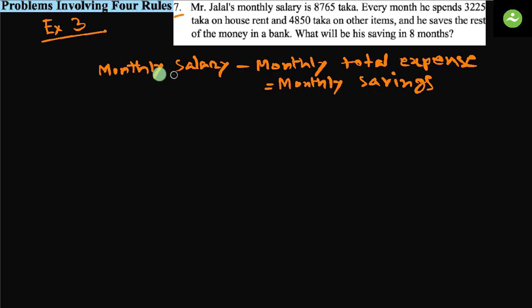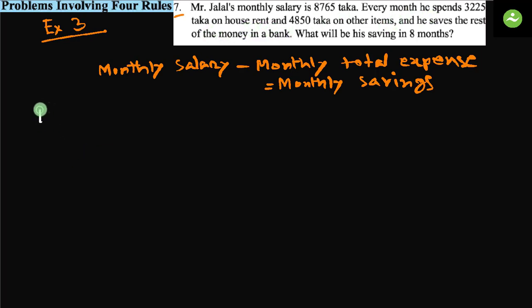Okay, now we already have the monthly salary. So we have to find the monthly total expense. How do we get total expense? We have to add all expenditure. What are all our expenses? First is what he spends on house rent.